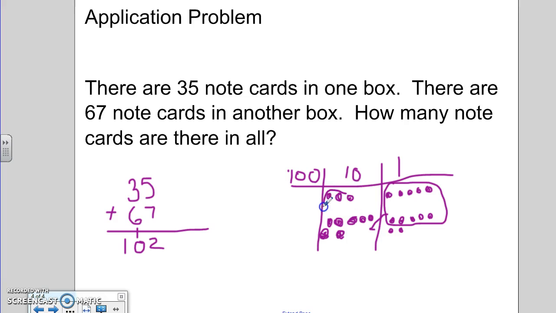So all of these make a group of 10. Count again to make sure you have only 10 in the bubble. And I can compose those 10 tens for a 100. I have 1 100, 0 tens left, and 2 ones, 102.